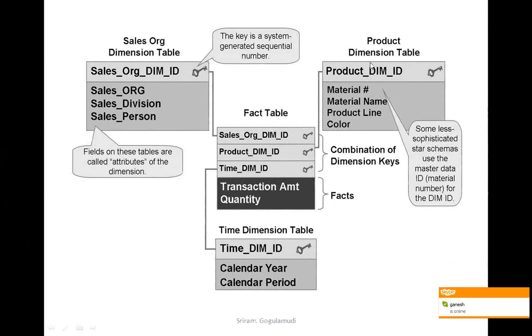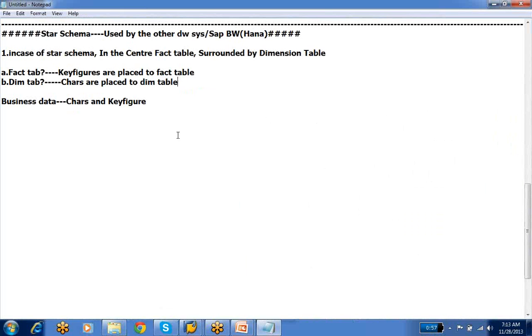This is the product dimension, which is placed with material name, product line, color. Like this, sales org, sales division, salesperson. So I'm just talking about two tables. One is the fact table, the other one is the dimension table. Fact table is placed with key figures. The dimension table is placed with characteristics.